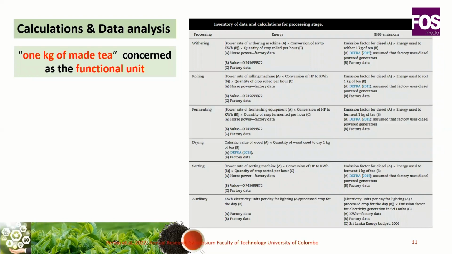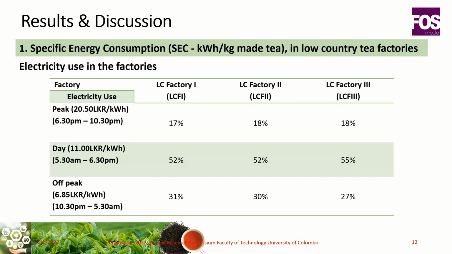In calculations and data analysis, 1 kilogram of made tea was considered as the functional unit for all the steps. The inventory of data and calculations for processing stage was conducted according to the conversion factors taken from the previous studies and the SEA benchmarks.